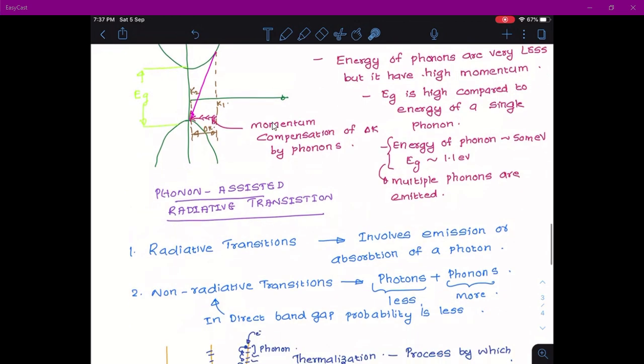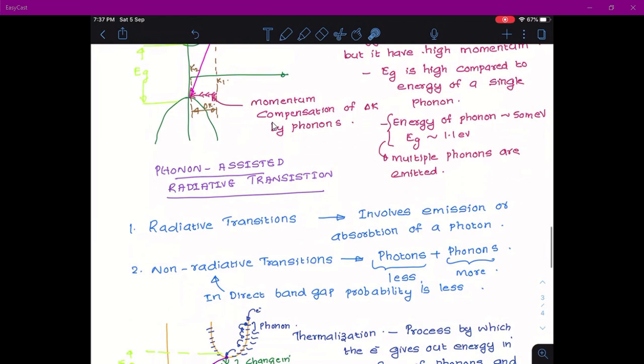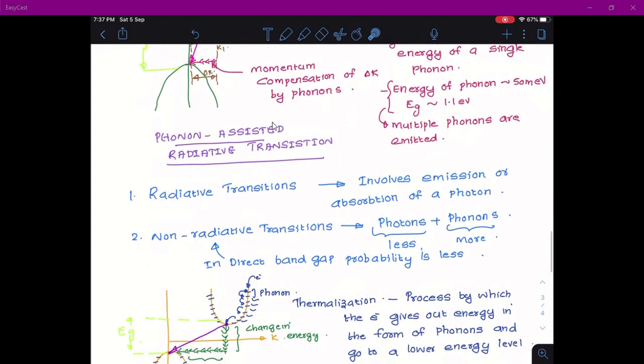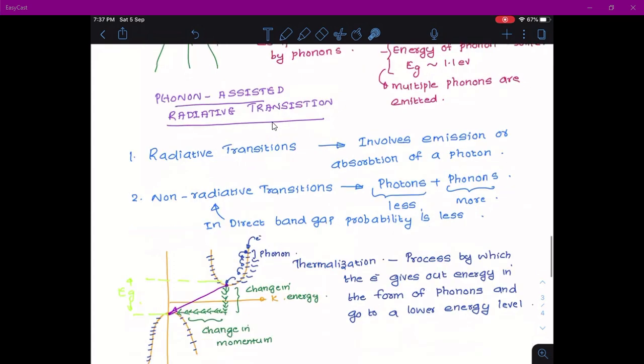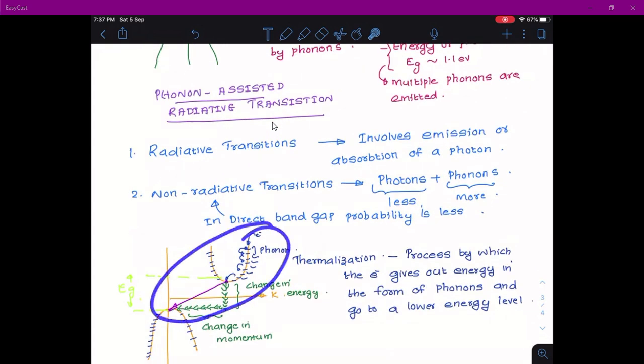We can classify transitions into two: radiative transitions, which involve emission or absorption of a photon and most likely will not have any phonons involved. Then there is non-radiative transition, where you have photons plus phonons. This usually happens in direct band gap. When you come to indirect band gap, you will not have photons, you will have only phonons.